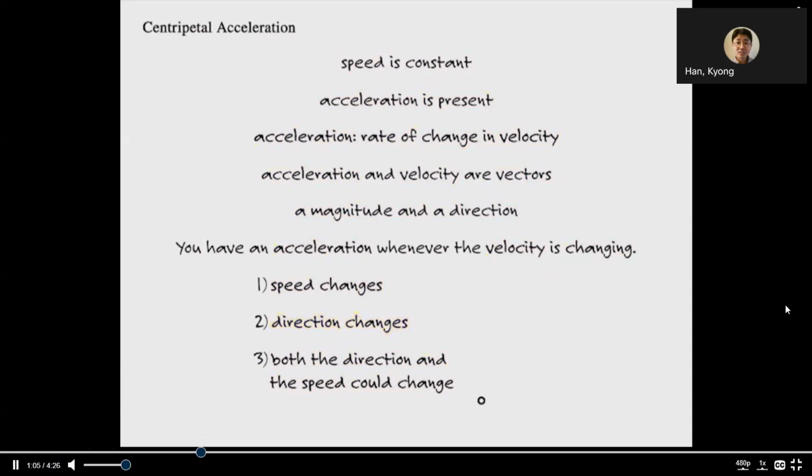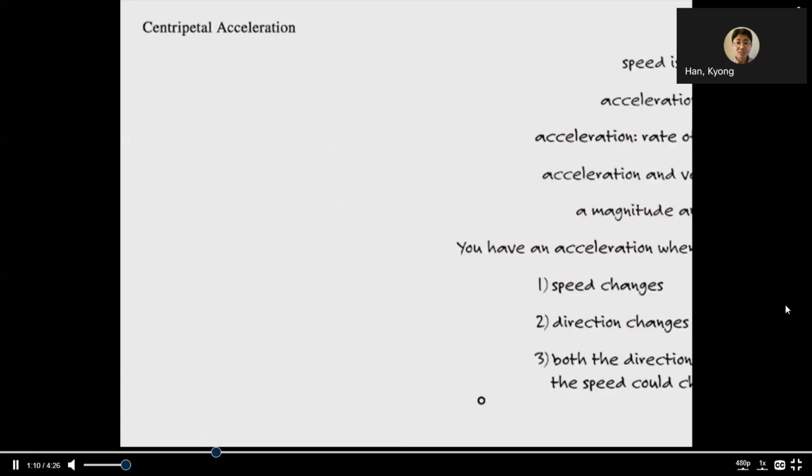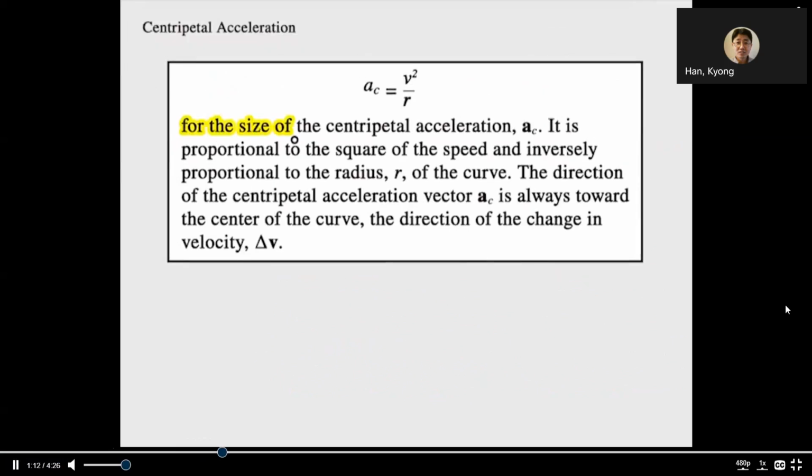Let's look at the equation in your book that relates to centripetal acceleration. This says that the magnitude of the acceleration is proportional to the square of the speed and inversely proportional to the radius. What does this mean? Let's look at velocity first.